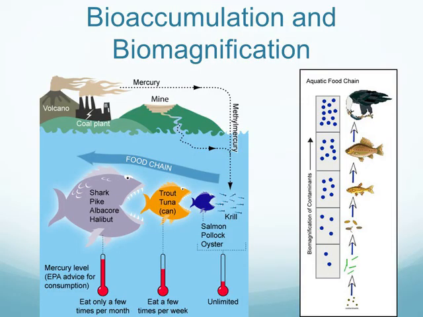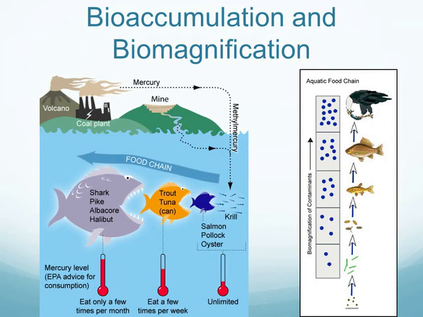Next, bioaccumulation and biomagnification. Bioaccumulation just means that as an organism becomes bigger and larger, it's going to accumulate more mercury or more toxin within it.